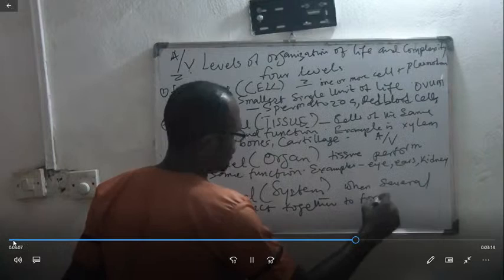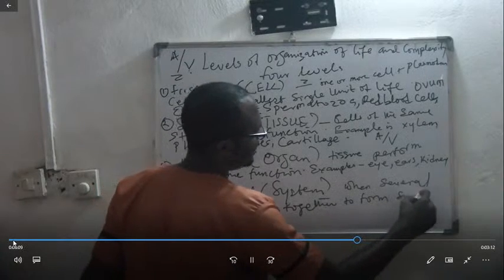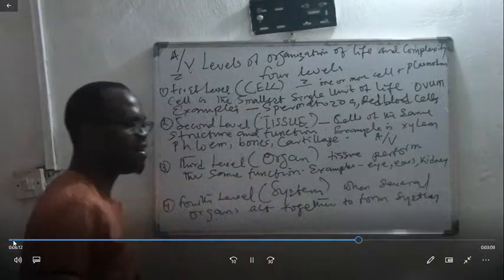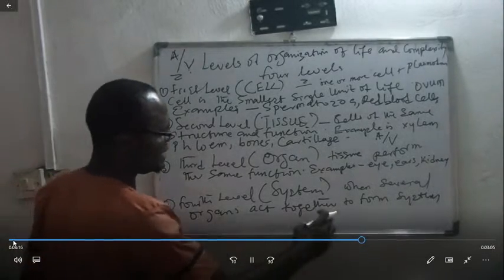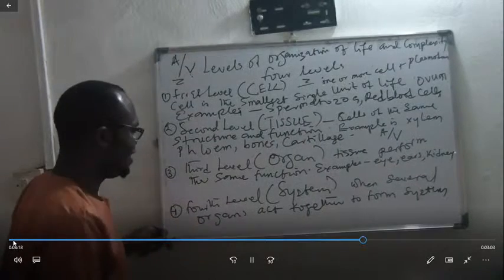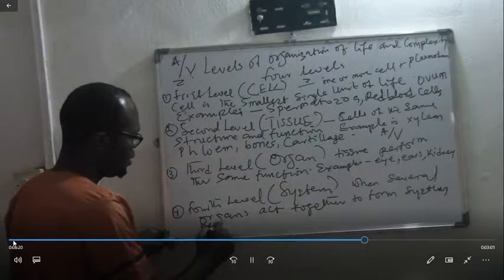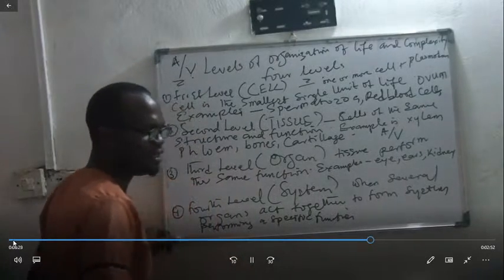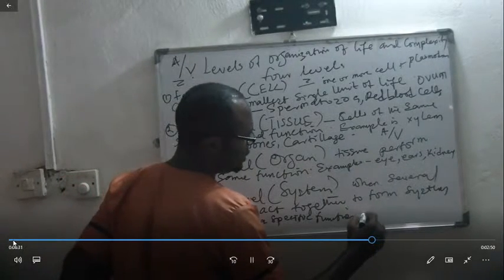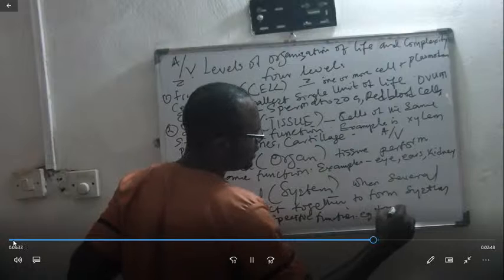They form what we call what? Systems. When several organs act together to perform a specific function, they form a system performing a specific function. Is that clear? Example is the transport system.